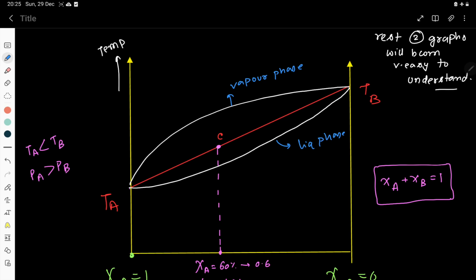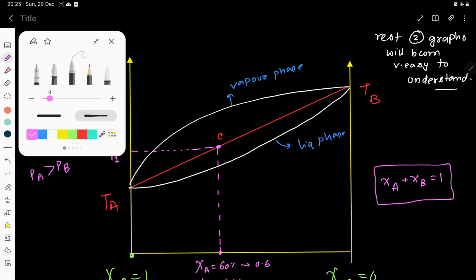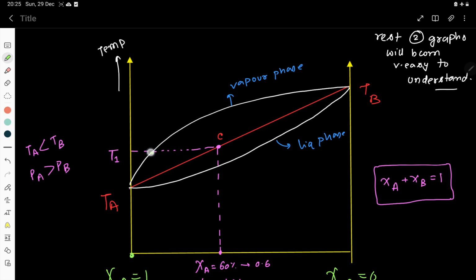Now if C is considered as the boiling point of this mixture, the composition of this mixture in the vapor phase and in the liquid phase at this temperature, let this temperature be T1, will be this. Here we have to take one point and over here we have to take one point.